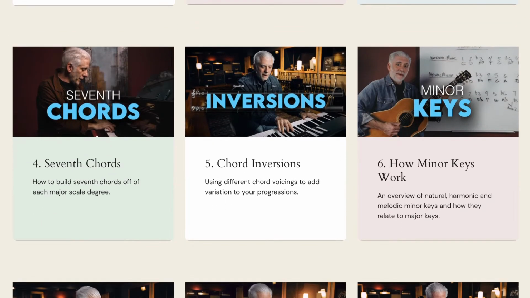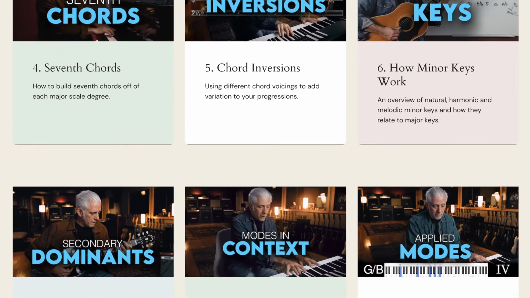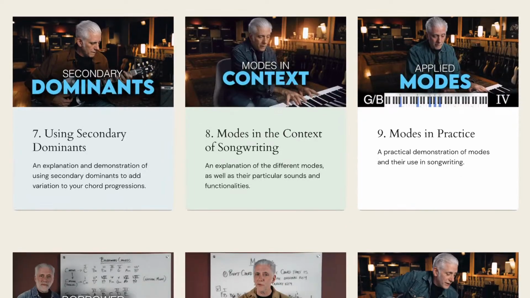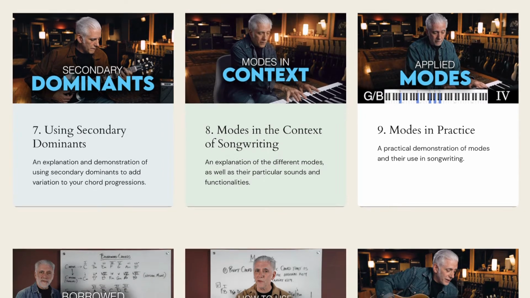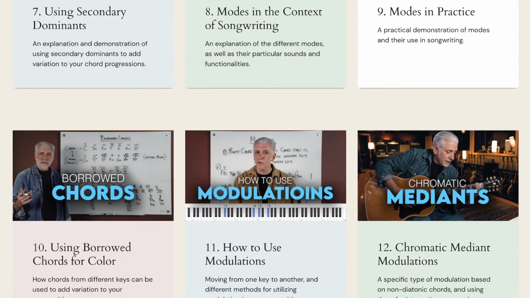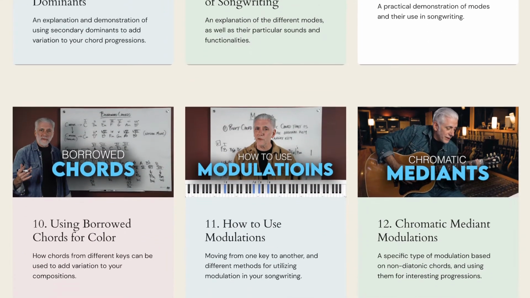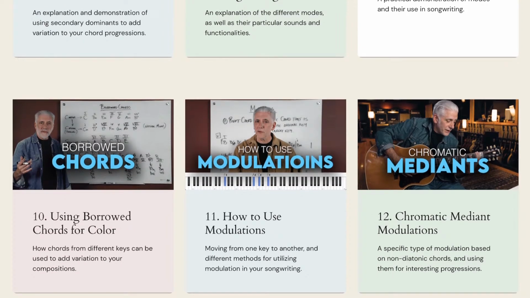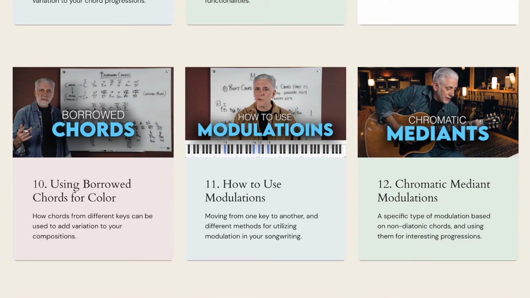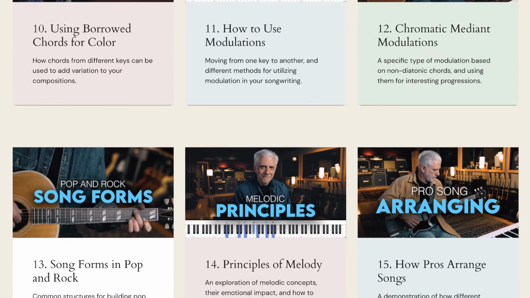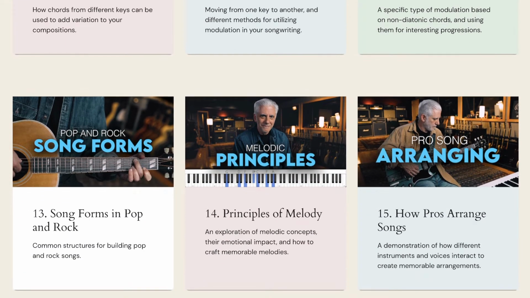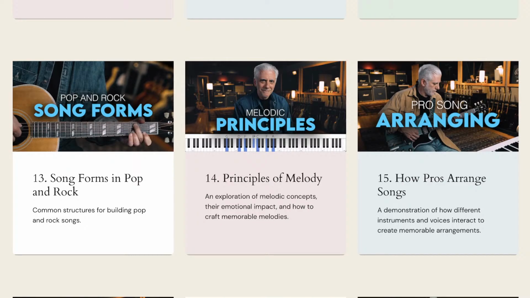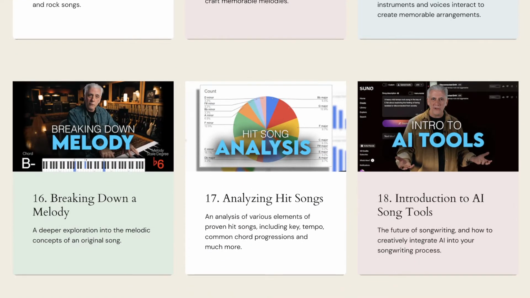Basic chords and major keys, seventh chords, chord inversions, how minor keys work, secondary dominants and how to use them, modes in the context of songwriting, how to explain different modes as well as their particular sounds and functionalities, modes in practice and how to apply them, borrowed chords, using chords for color, how to use modulations or key changes, chromatic mediant modulations, those are third related or sixth related, pop song forms, principles of melody, how to write great melodies, how pros arrange songs, breaking down a melody, analyzing hit songs, introduction to AI tools.